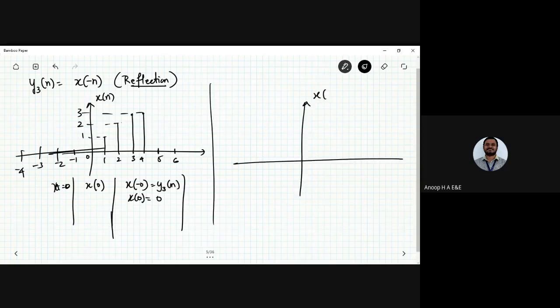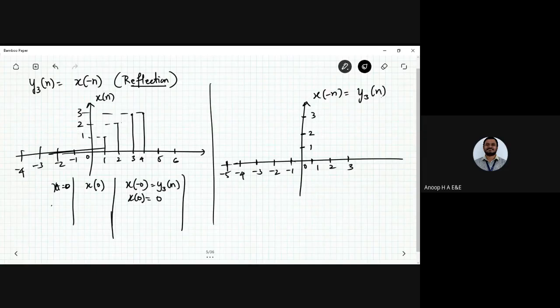X of minus n, that is y3 of n. That is minus 1, minus 2, minus 3, minus 4. This one is minus 5. Again magnitude 1, 2 and 3. Now this is 0, this is 1, this is 2, this is 3.